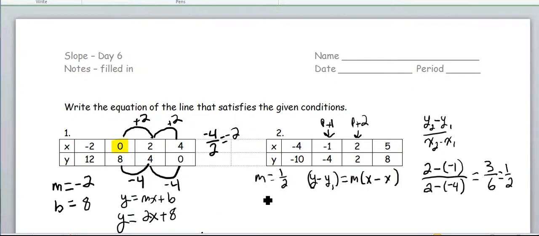So here I'm going to write y minus, the y1 is negative 1, equals 1/2 times x minus, and then the x1 from right here, I'm sorry, I should have put this negative 4 for my y value, and negative 1 there.